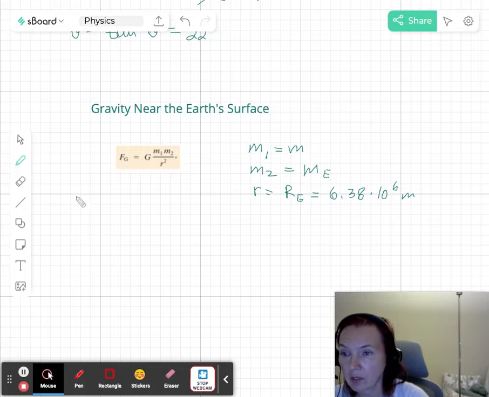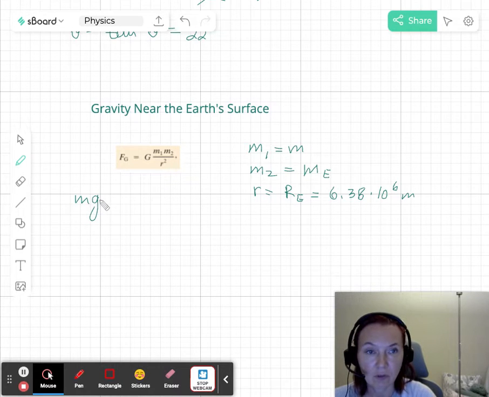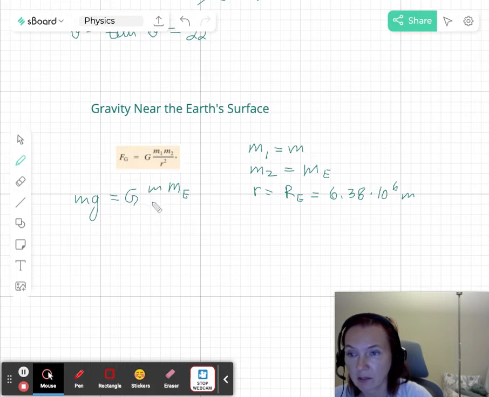We also know that the force of gravity due to the Earth is mg, and it has to be equal to G times m times the mass of the Earth over the radius of the Earth squared.